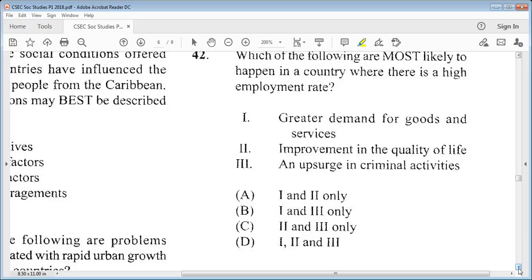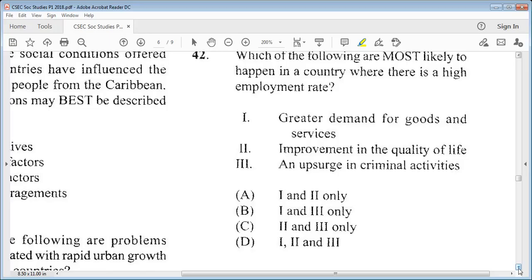Let's look at it. Greater demand for goods and services. Yes, that is likely to happen when there is a high employment rate. Greater demand for goods and services will be needed because of the number of persons being employed. 2, improvement in the quality of life.